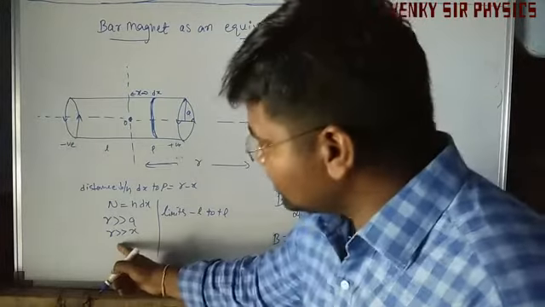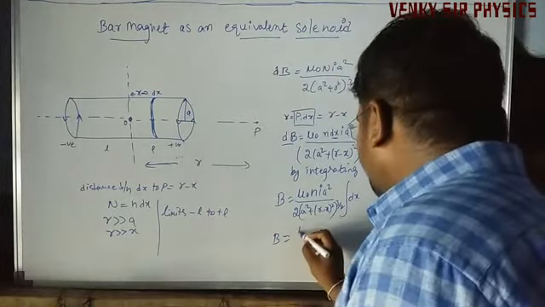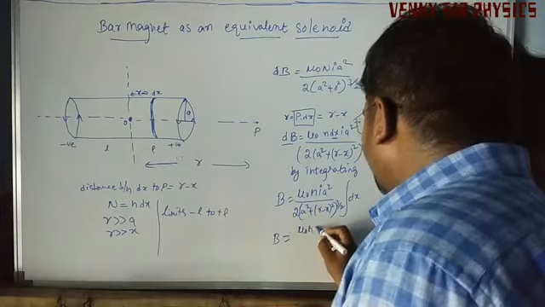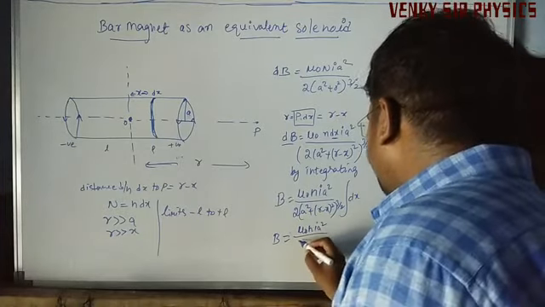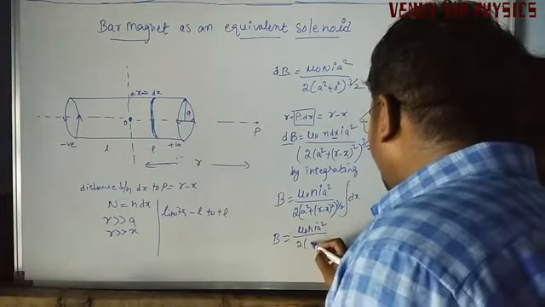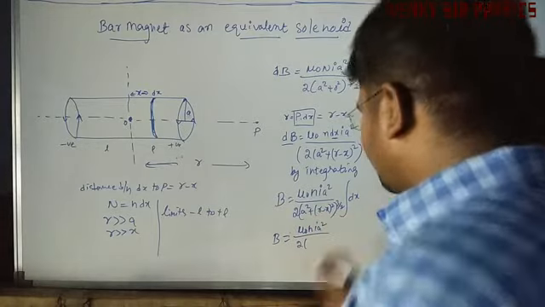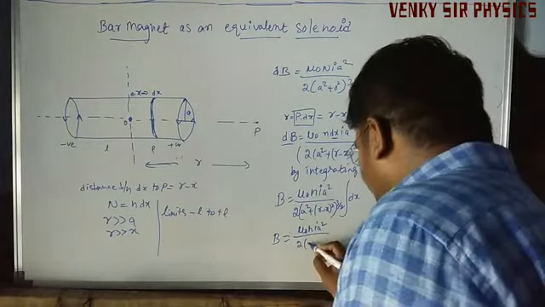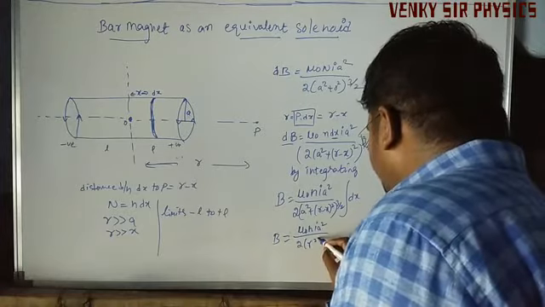By using this criterion we get mu naught n I a square divided by 2 into (a square plus x square) to the power 3 by 2. The x value is very small, so that's why r square.